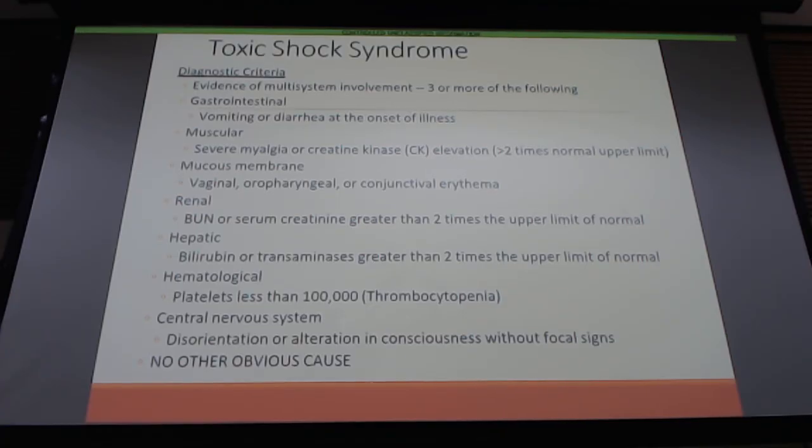Mucous membranes: vaginal, oral, any mucous membrane that's inflamed or irritated. You can do labs for your renal function and your hepatic function. Hematologic issues, right, thrombocytopenia, especially if the inflammation is going out of proportion and you're starting to leak stuff out. If you see three or more of those, we should say there's multi-system involvement with toxic shock syndrome.